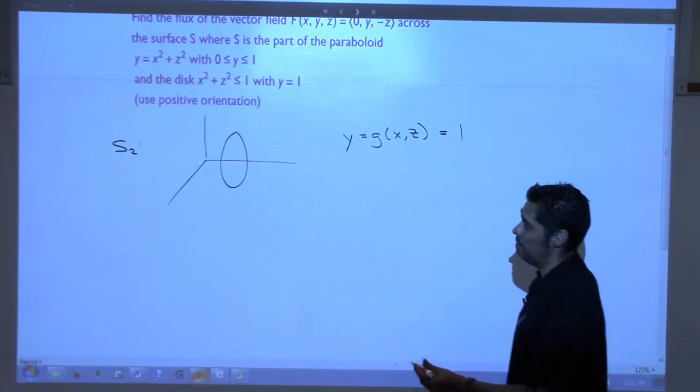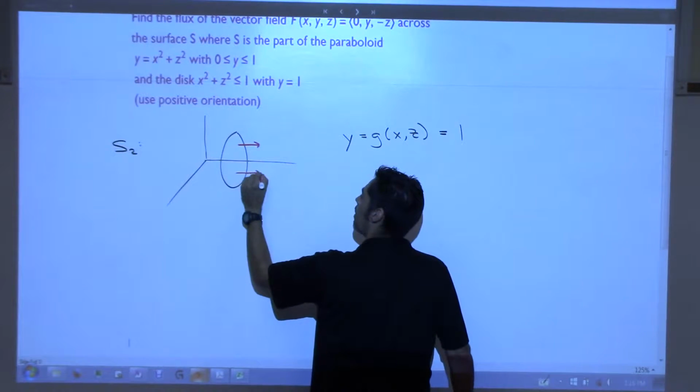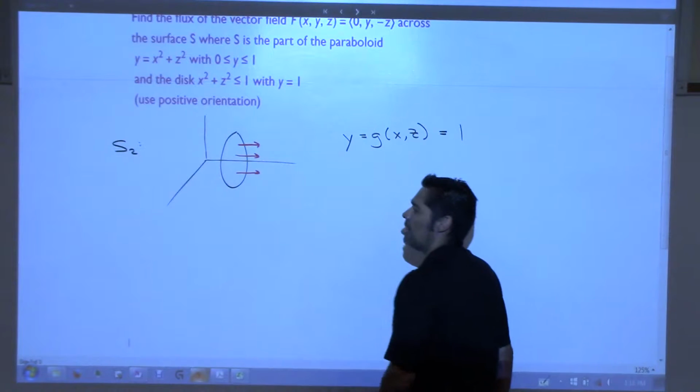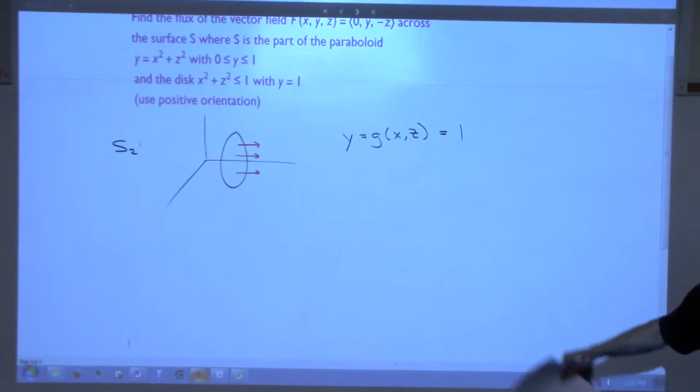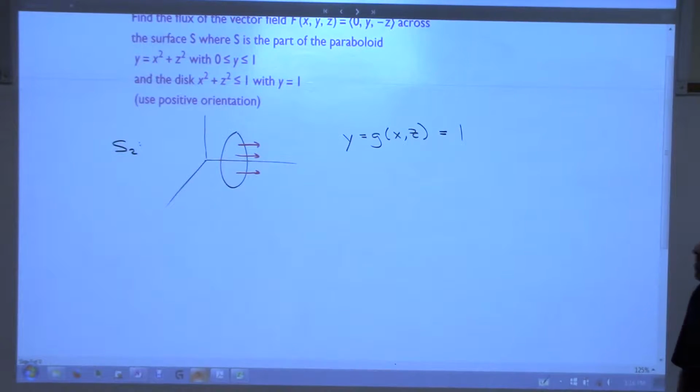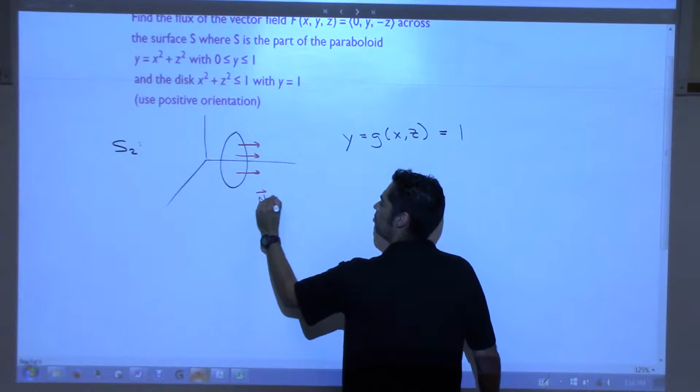Because it's a plane, what can you tell me about the normal vectors that are pointing off any point on that plane? Tell me about a unit normal vector that would be coming off of that. What does it have to look like? Any normal vector.